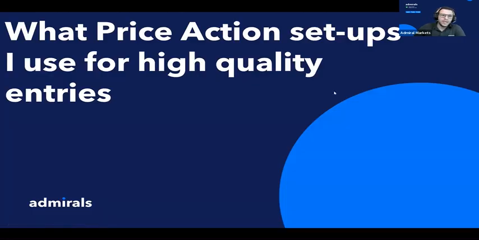So what price action setups have I been using for so many years for high quality entries? There are so many price action candlestick patterns, and combinations of them, which you can use to find success in the financial markets, in digital currencies, commodities, shares, in all tradable assets.